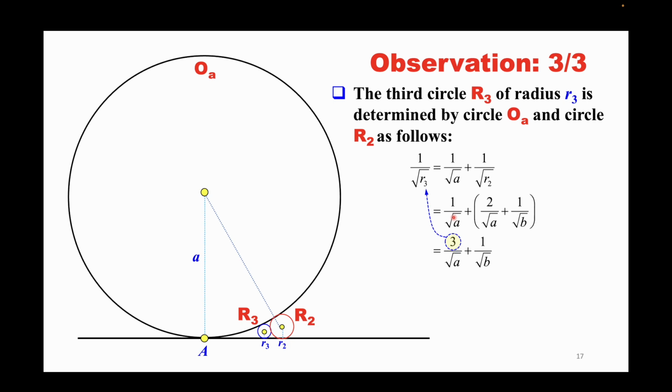Adding these two terms together, we have 3 over the square root of A. Isn't it interesting? This 3 agrees with the subscript of R3. So this is exactly what we want.